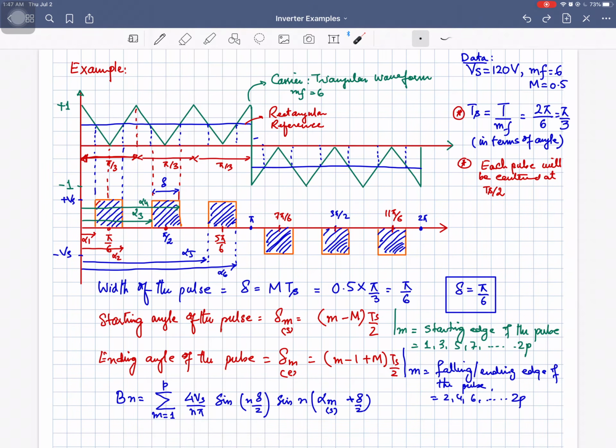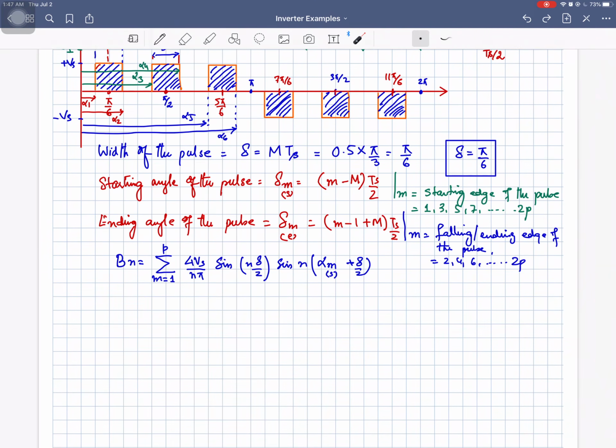Okay, now we are going to perform calculations. We are going to find out the starting and ending angle of all of these pulses. So first of all, considering the first pulse, alpha 1 will be calculated using the equation m minus capital M into Ts by 2, and m in this case is equal to 1 because we are calculating the rising edge.